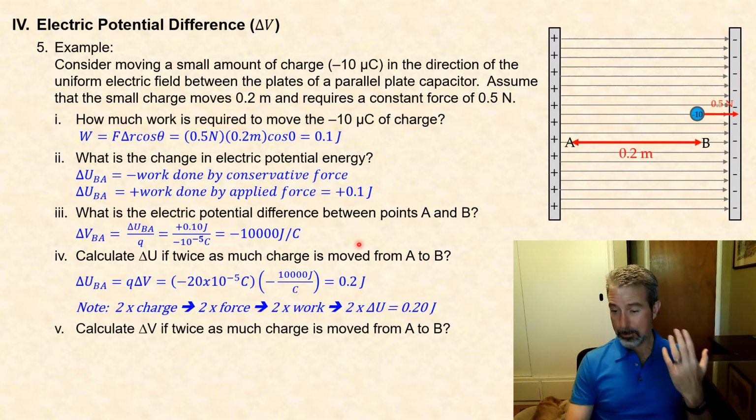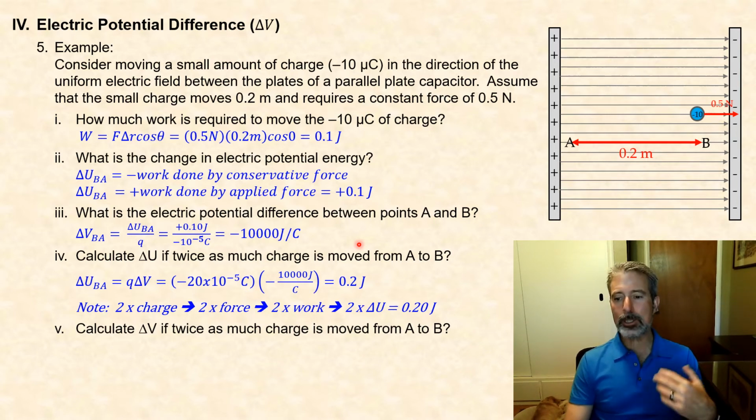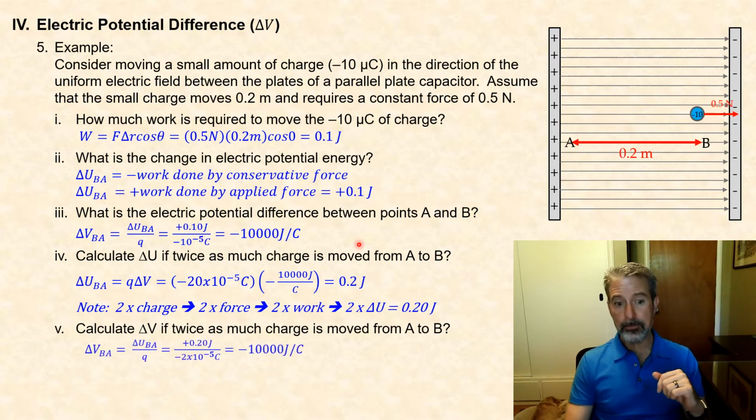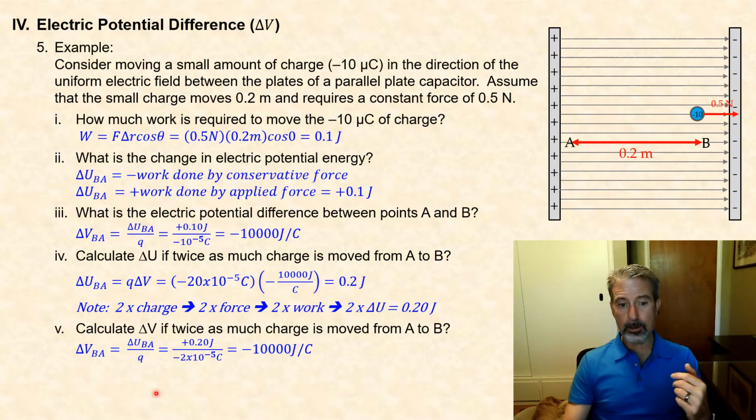Now, this is important. If I asked you to calculate not the change in electric potential energy, but the change in electric potential if twice as much charge is moved from A to B, well, let's do that. From our definition of electric potential difference, the electric potential energy difference we found from part 4 above is 0.2 joules.